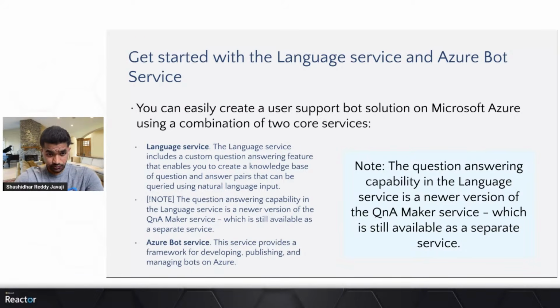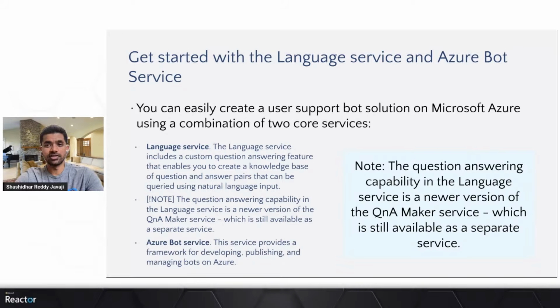Next, coming to the Azure Bot Service, this service provides a framework for developing, publishing, and managing bots. Once we have created a bot in the language service, we just have a bot. We don't have the web API or web app which can be used in our websites.